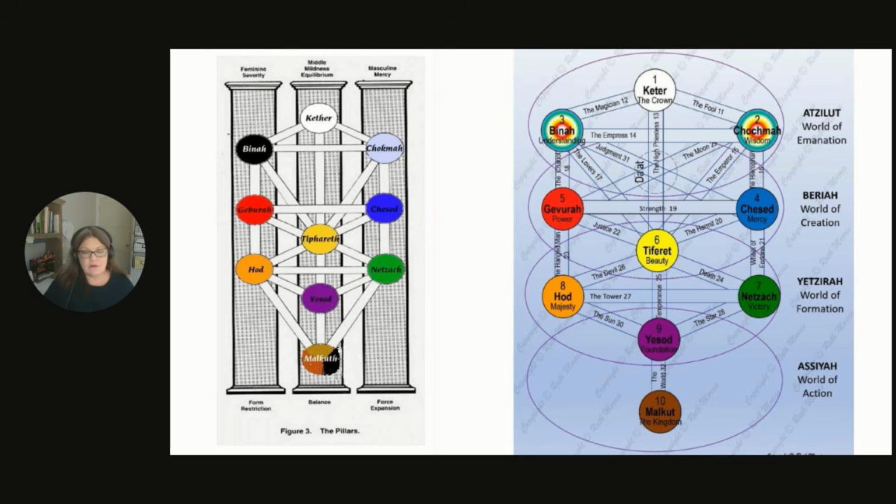Masculine energy gives and it's generated. It usually involves creating lots of emotional energy. It's generated and then it's passed to the other pillar that we're going to talk about in a second, the feminine energy or the pillar of severity. And feminine energy takes, it receives that energy, and then it creates, it births, it makes things. And so energy in the occult has nothing to do with gender.